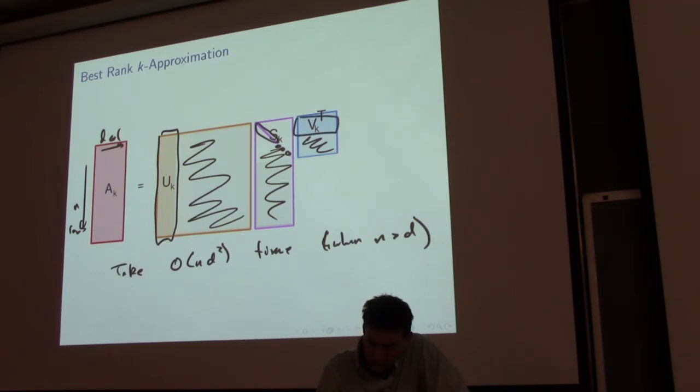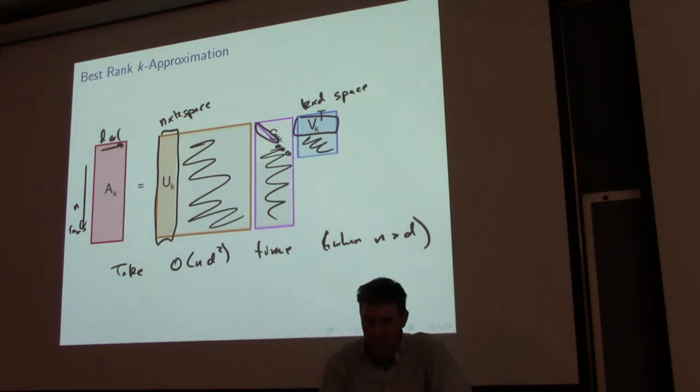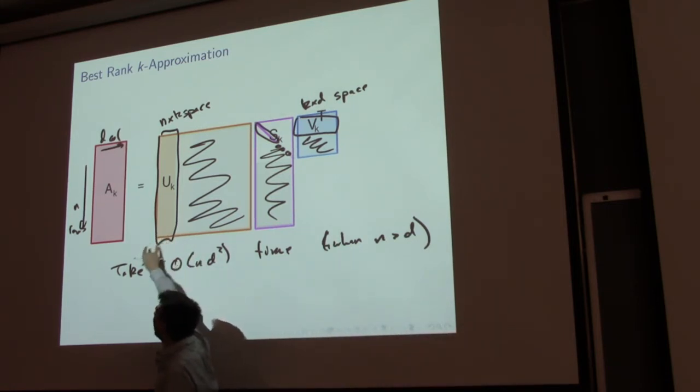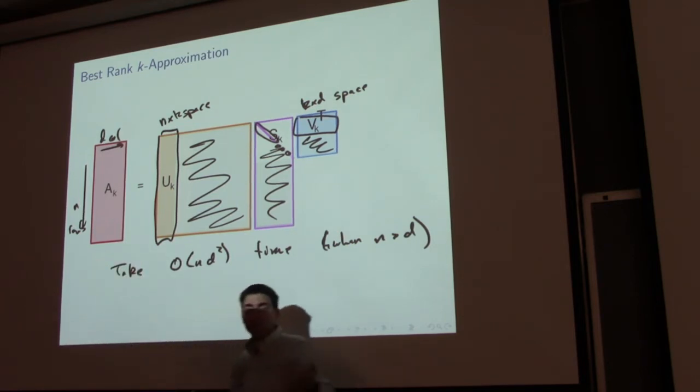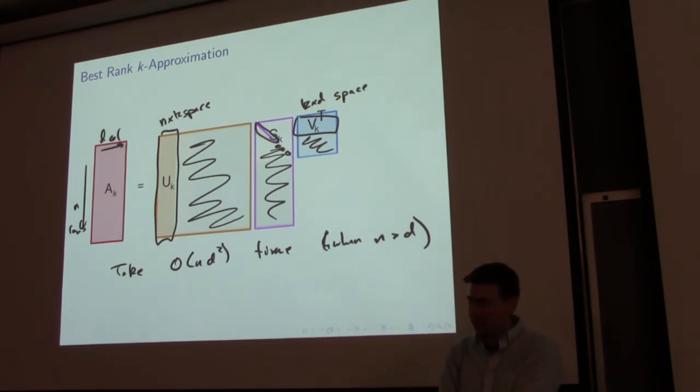This is n times k space, and this is k times d space. So if k is much less than d, then this is much smaller than the original matrix. Often this k might be, let's say, 10, and the original d might be something like 10,000 attributes in your data, and you could have millions and millions of these records.